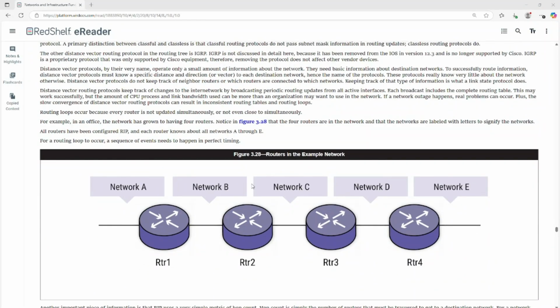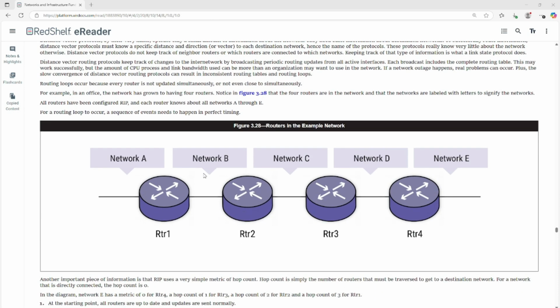The diagram in figure 3.28 shows the routers in the example network. You can read about routing loops for better understanding of this course.